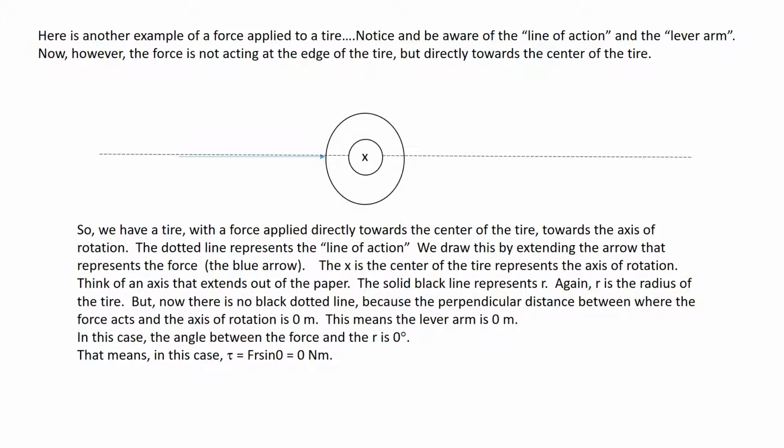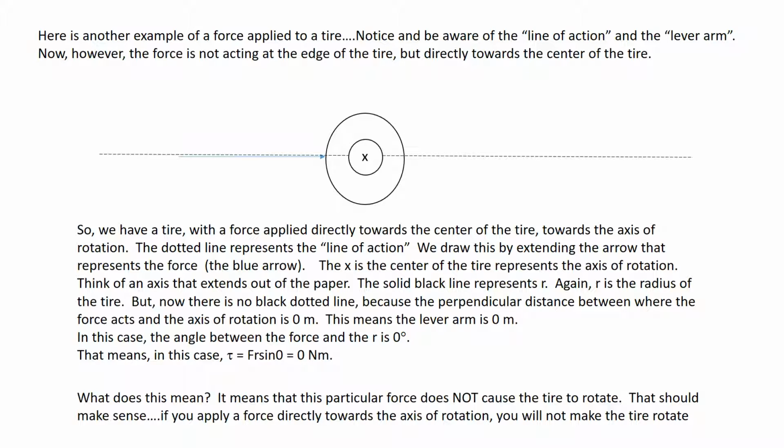If my lever arm is 0, it means that my r sine theta is 0. That means that my torque is going to be 0. In this particular case, I cannot make the tire rotate. What does this mean? As I said before, this particular force does not cause the tire to rotate. If I apply a force directly towards the center or the axis of rotation, I can't make things rotate.